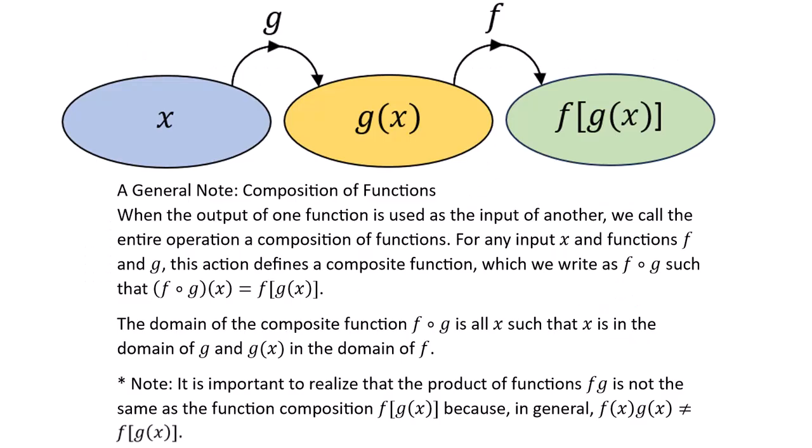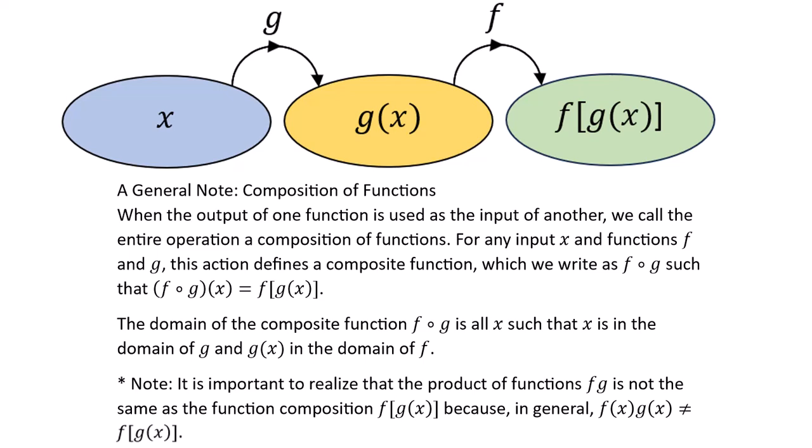A general note about composition of functions: when the output of one function is used as the input of another, we call the entire operation a composition of functions. For any input x in functions f and g, this action defines a composite function, which we write as f composed of g, such that f composed of g of x is equal to f of g of x.